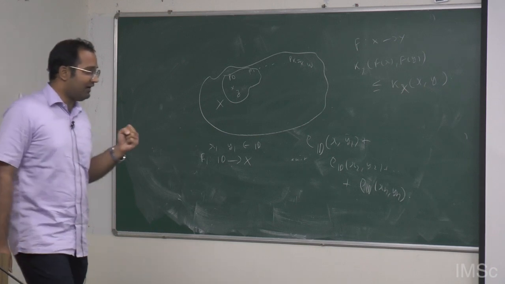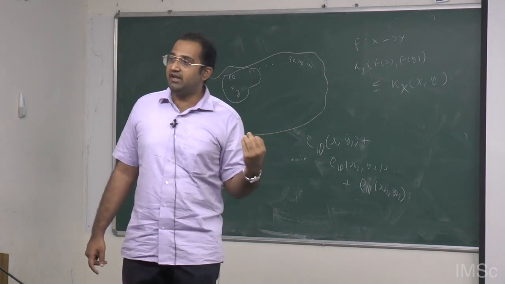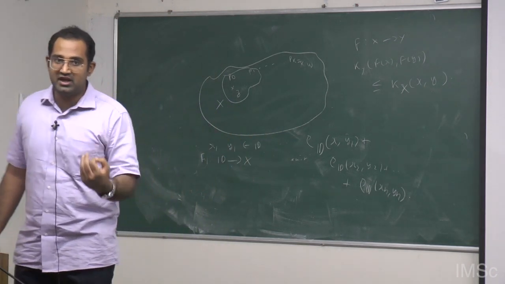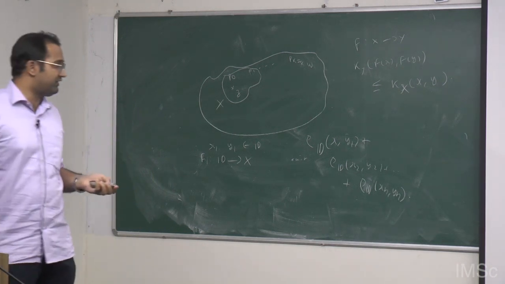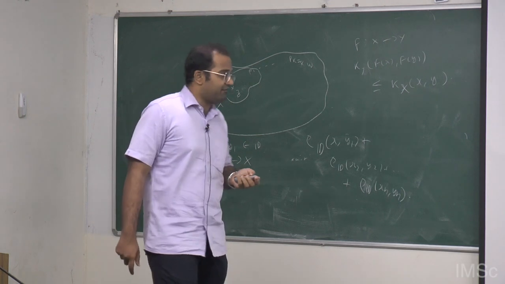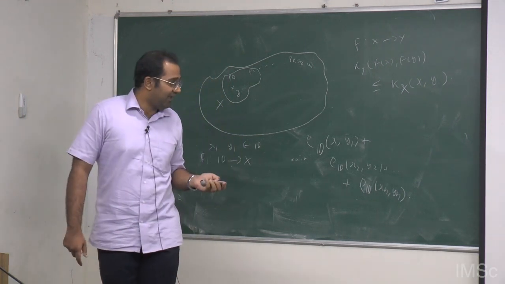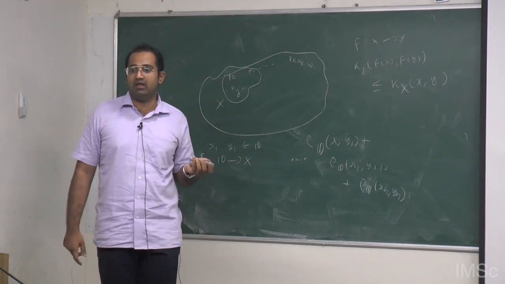And not only that, there is a convenient way of checking whether a manifold is Kobayashi hyperbolic or complete Kobayashi hyperbolic. If the manifold X is covered by the manifold X prime, then X is complete Kobayashi hyperbolic if and only if X prime is.